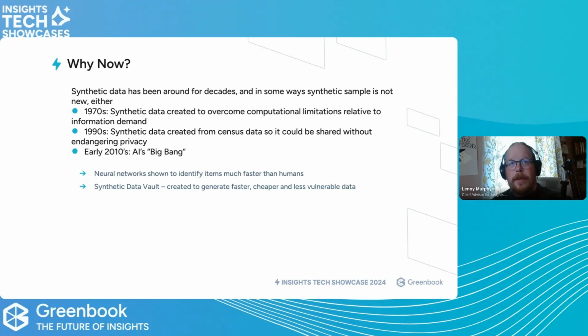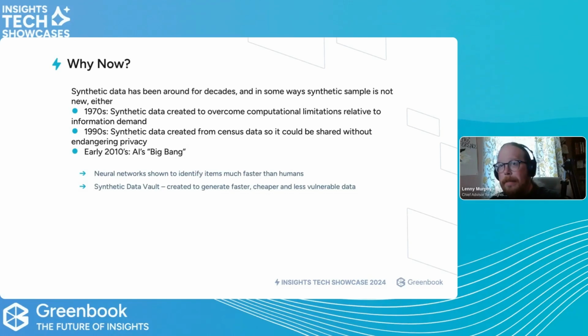During the 2010s, with the advent of big data, that was the foundational component when we started building out these models utilizing neural networks, which are computational systems that function theoretically like a brain does in terms of making connections at computational speed. And there's certainly things that have been done with synthetic data vaults, which are used to take really secure data and position it so that it's beyond being hacked.